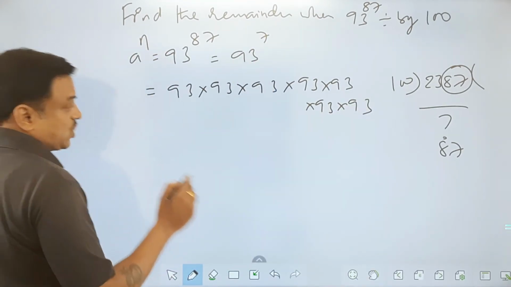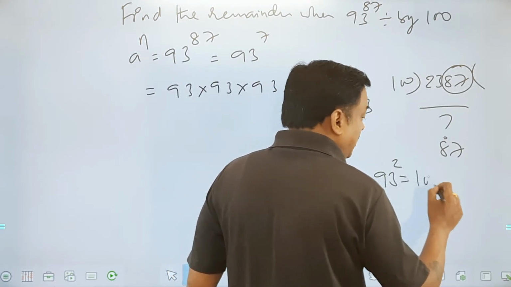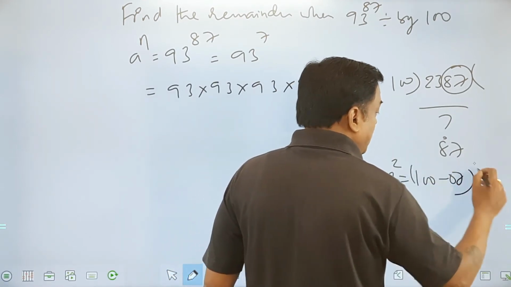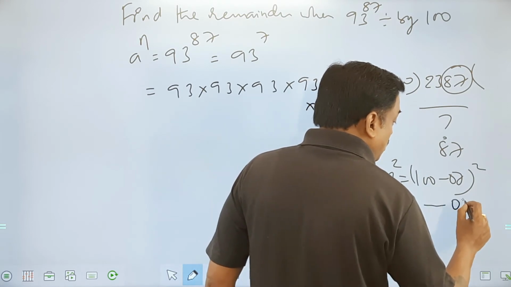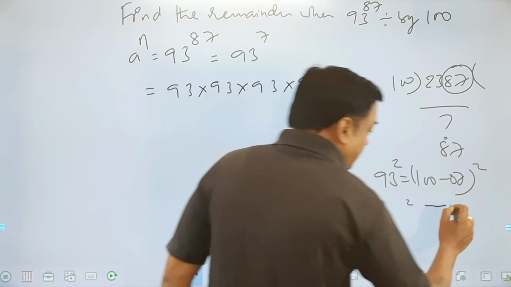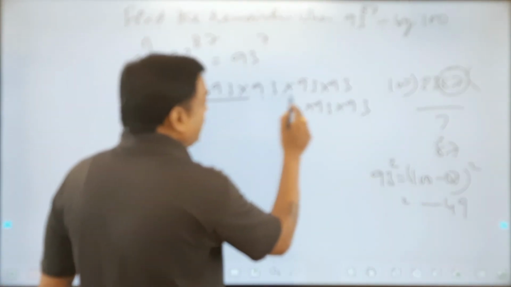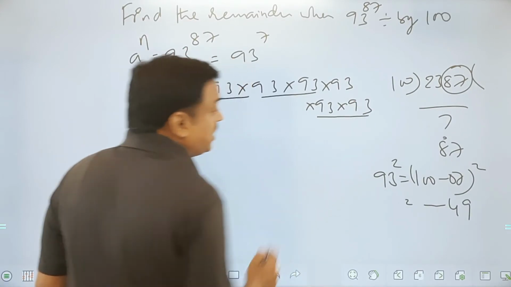Now 93 square can be written as 100 minus 7 square, which will end with, I'm sorry, 7 square is 49. It should be ending with 49. So every pair of 93 will end with 49.